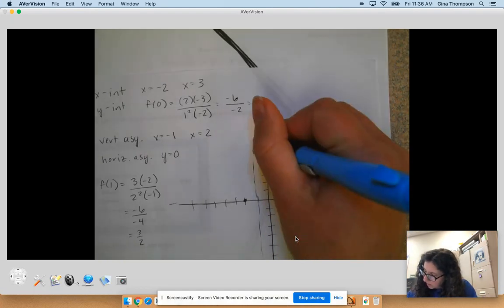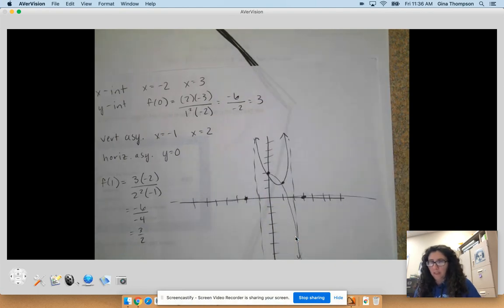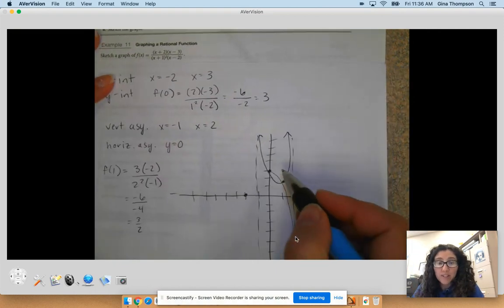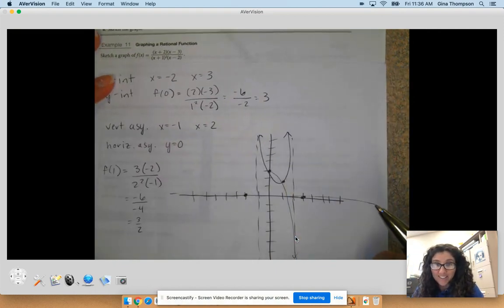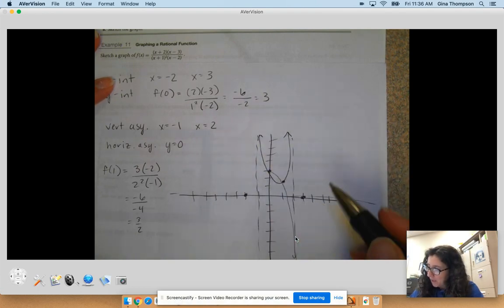So this actually goes like this. So we'd have to plug in a few more points than I was willing to do, okay, to actually get accurate behavior, right, for this going up on these sides.